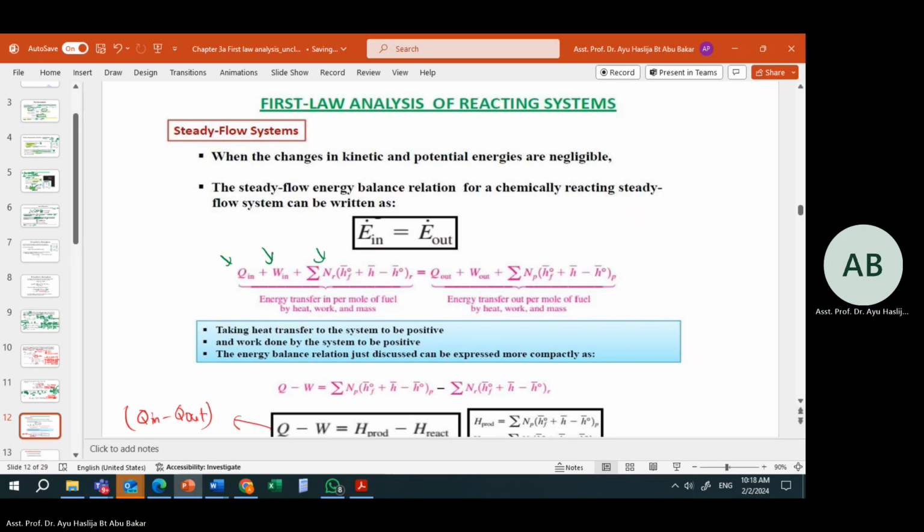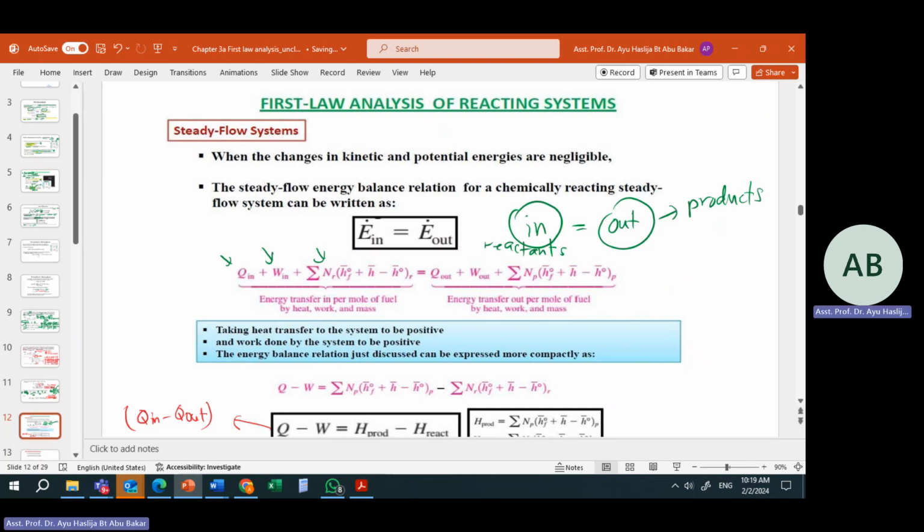In here equals to the reactant. It involves the properties of the reactant. Out, properties of the product.